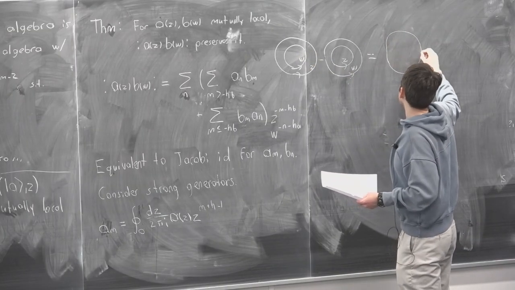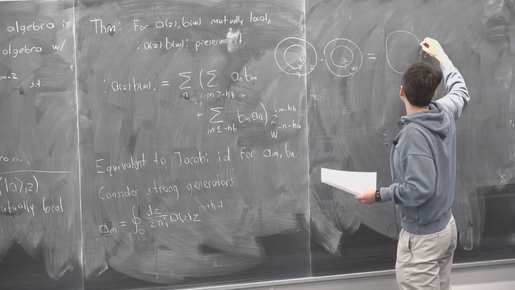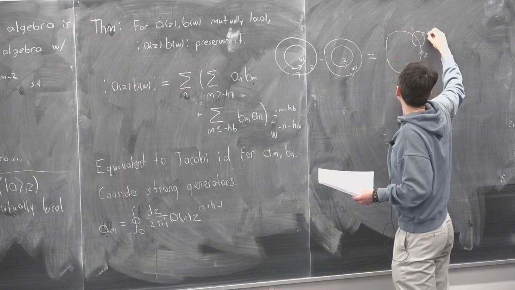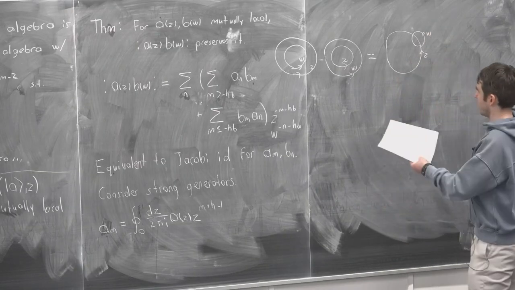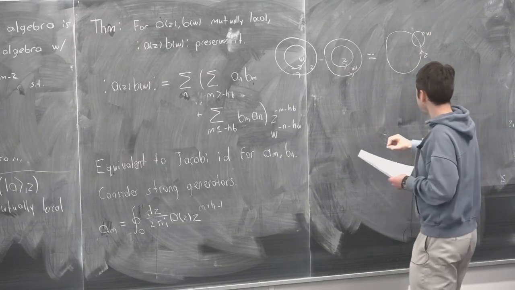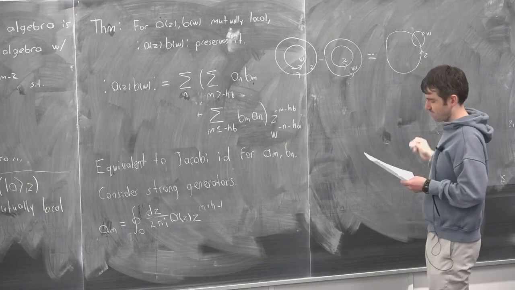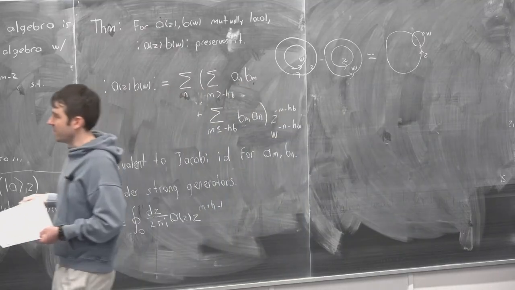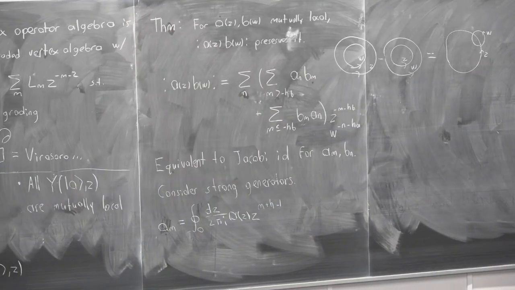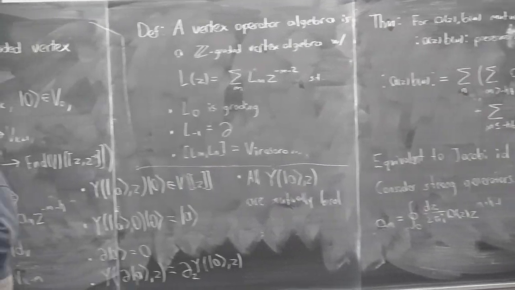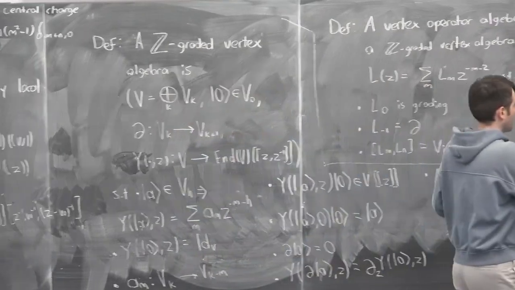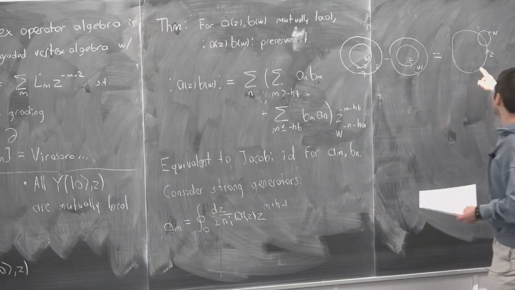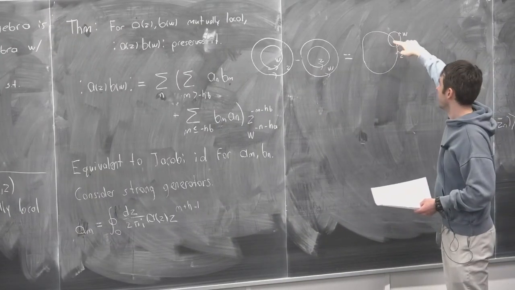That will convert to z around 0 and W around z. You can work this out. And then what you'll see is that the singular behavior as z goes to W, so these finitely many singular powers are going to be the ones that control what the commutators are, because you could evaluate contour integrals with the residue here.